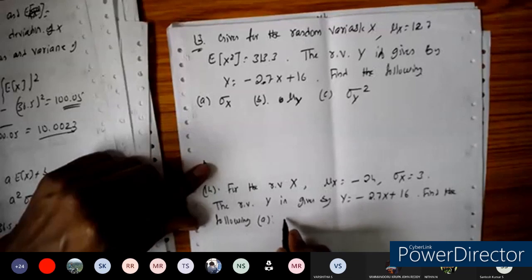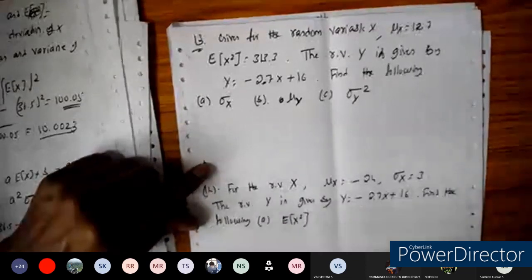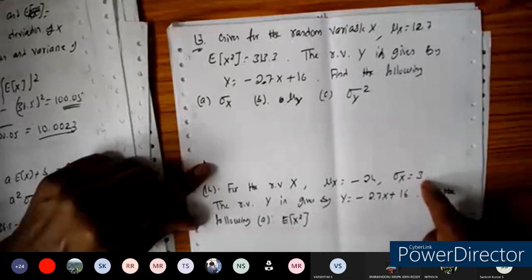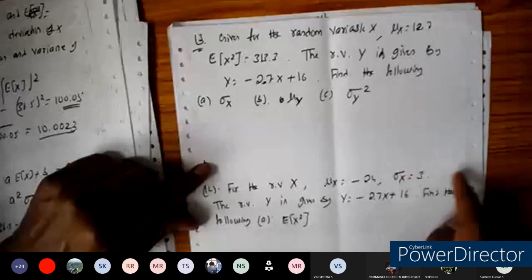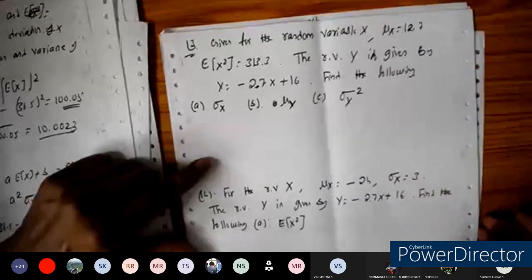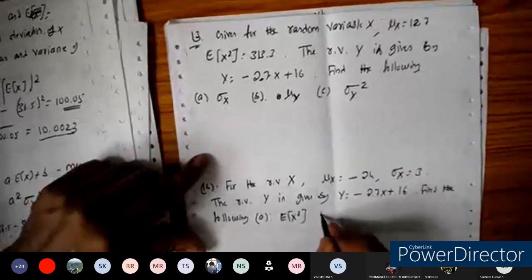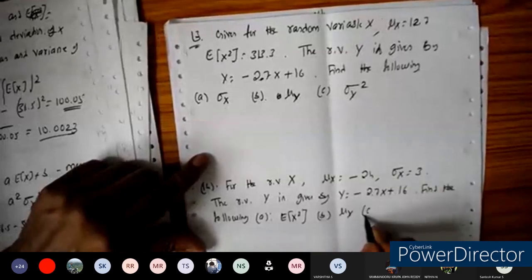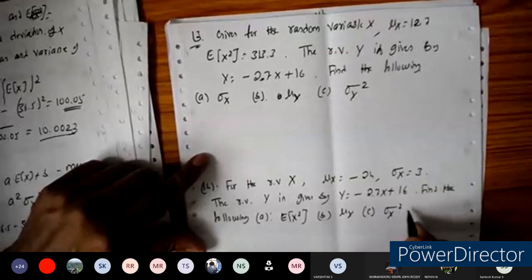First, the mean square value of x, that is the expected value of x square. Sigma x is given, you can find sigma x square by taking the square, and the expected value of x square you can find easily. Second, mu y, and third, sigma y square.